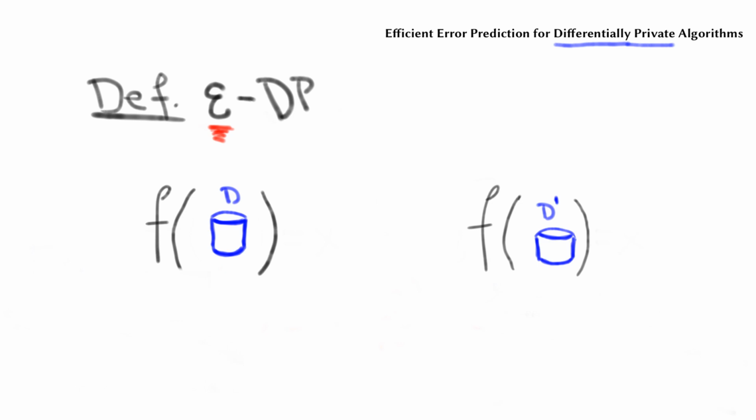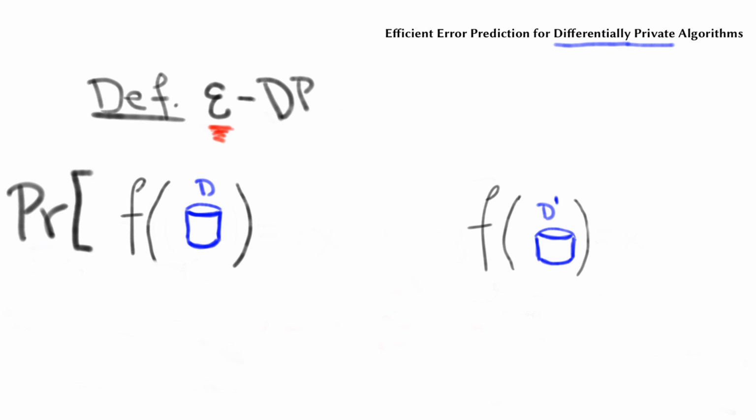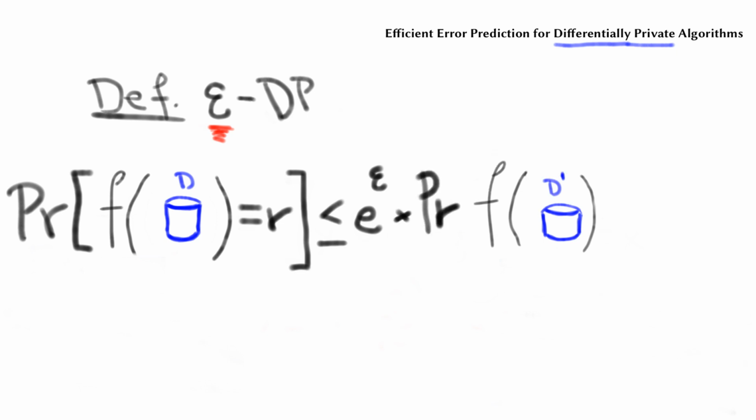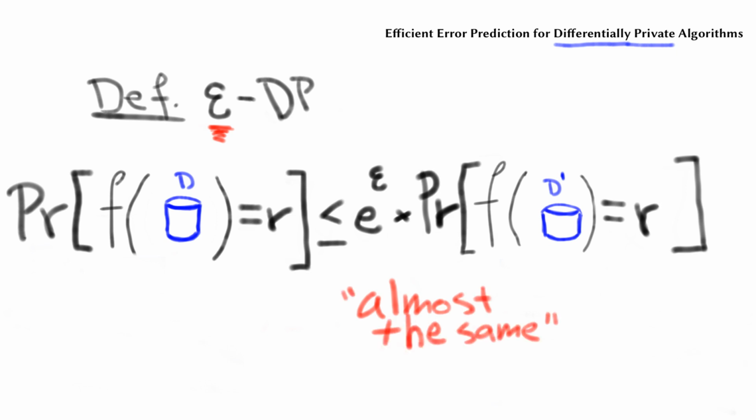So what epsilon does is that it bounds the distance between the results. If we formalize it, we can define this as the probability of running query f on the database D and getting results R differs by a small term e to the epsilon and is less or equal to the probability of running that same query f on the database D prime and still getting the results R. So here that term almost the same is captured by this e to the epsilon.